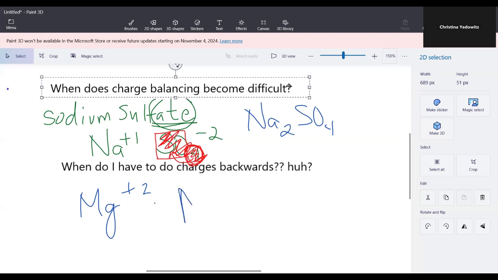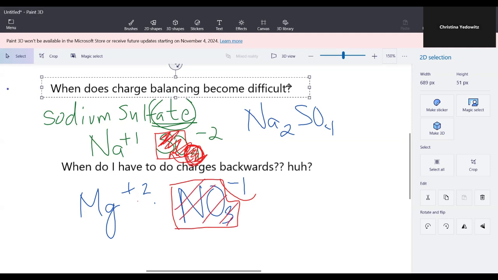So say I go to nitrate. Nitrate has its own subscript and a -1 charge. Okay, if I'm going to balance this, I am going to need a second negative charge to balance out this +2. What I have to remember is that these guys are stuck together.